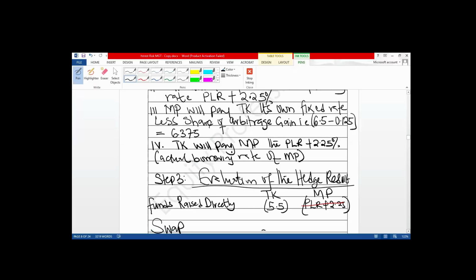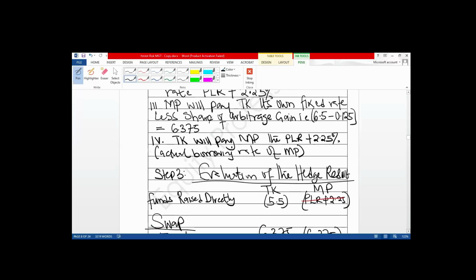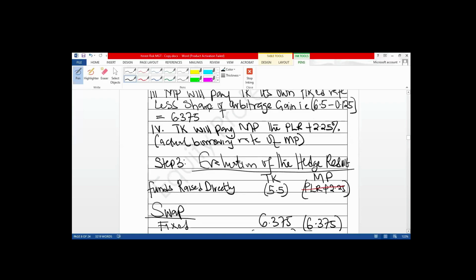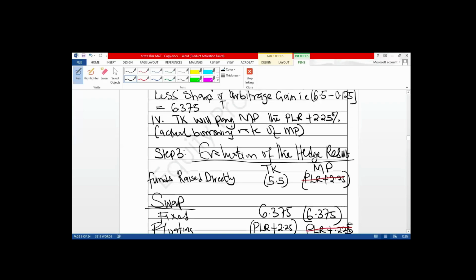They now go into swap. If you go to your number 3, MP will pay TK 6.375. What is payment to MP is received by TK. Then the last comment, TK will pay MP the prime lending rate.